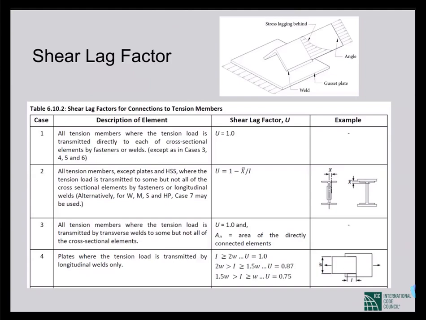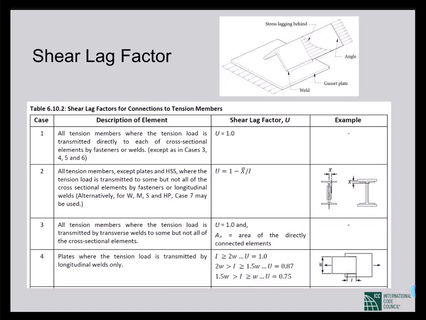For tensile members, we use Navier's hypothesis for derivation of the formulas, that is, all the tensile stresses are uniformly distributed over the entire cross section. That is the assumption.